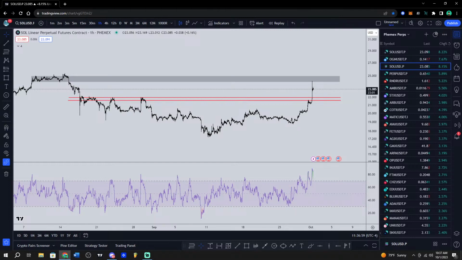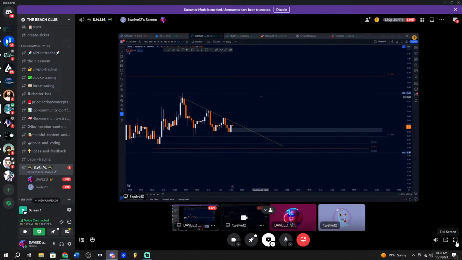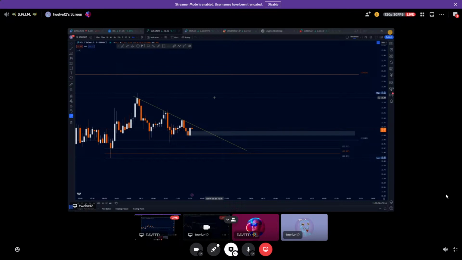Hour 40. And if it breaks this little trend line, it'll probably go long. Wow, this is easy gambling here, dude. There's clear cut stuff you could do.